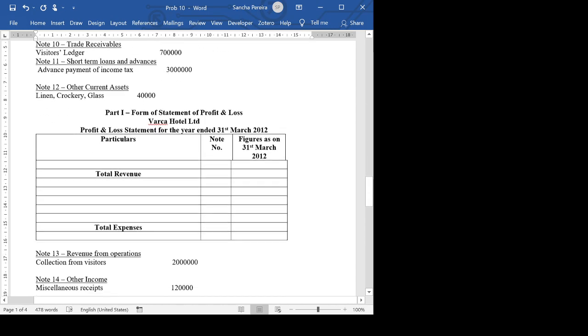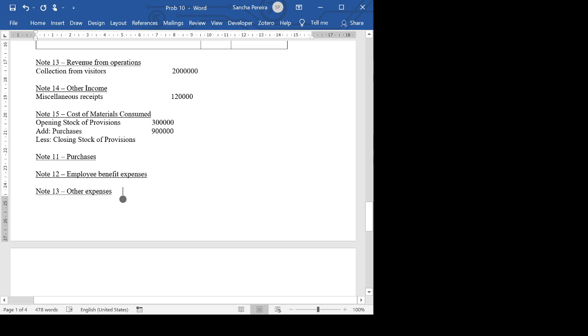We have already shown one effect of that in the inventories. So this is 6 lakhs. Put together, 3 plus 9 minus 6 comes to 6 lakhs. So cost of materials consumed would be 6 lakhs.